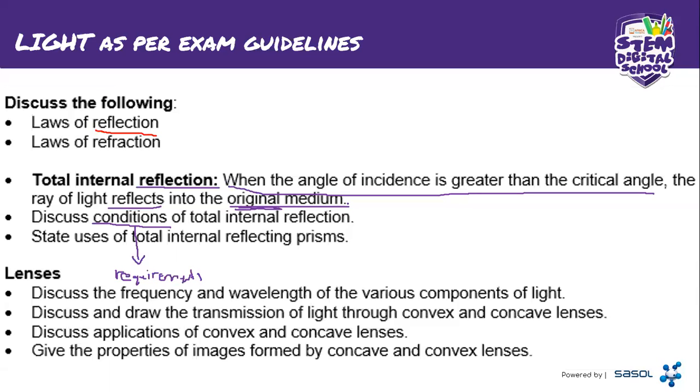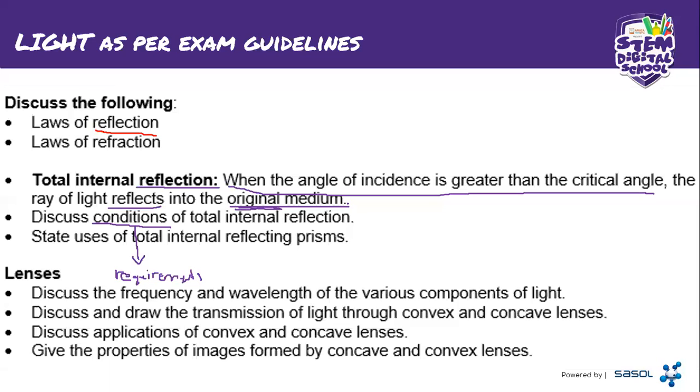Then we are required to state the uses of total internal reflecting prisms. And I gave you the two. And I said, at most, we will ask you for two. And we don't talk about a lot of them. There are quite a number of uses, but let us stick to something that we will always remember.